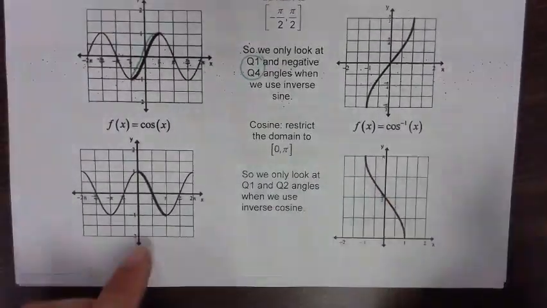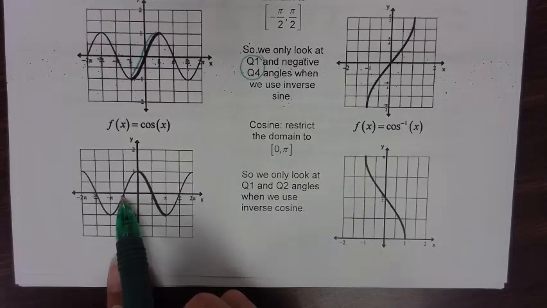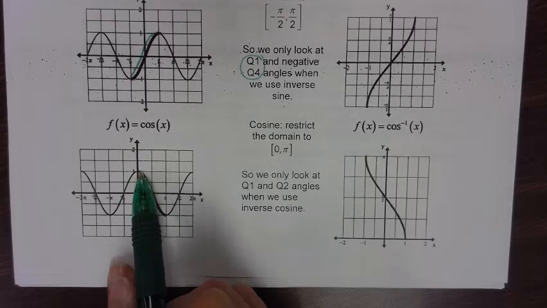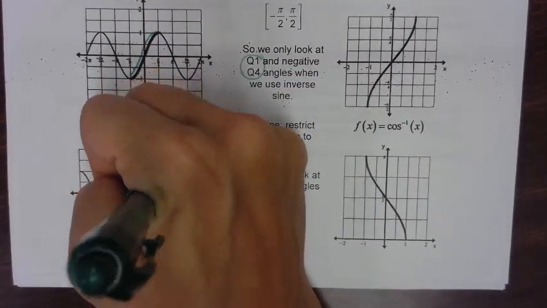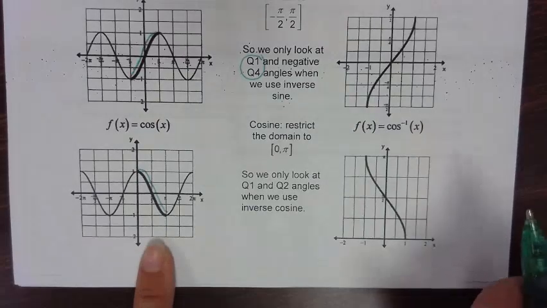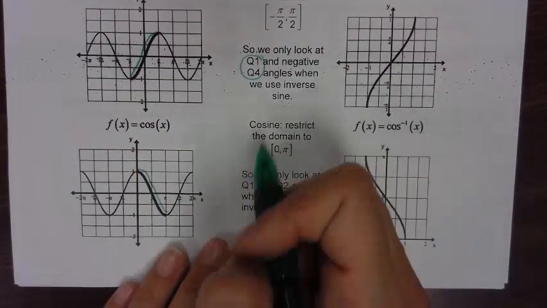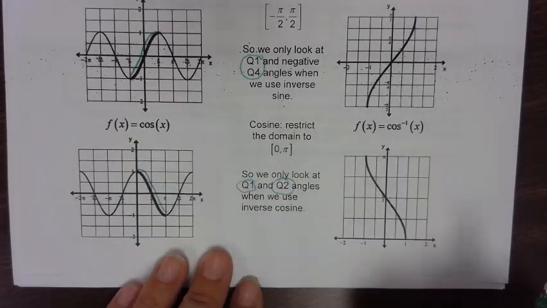For cosine, as you can see, we can't go from negative pi over 2 to pi over 2 because we would still not have a function. So we have to restrict it from 0 to pi. Okay. If you look at your unit circle, 0 to pi is quadrant 1 and quadrant 2.